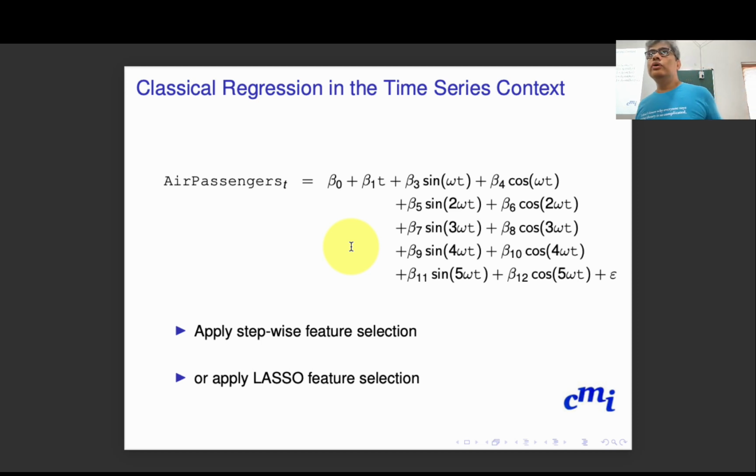So what you do is apply either a stepwise feature selection technique or some kind of lasso feature selection technique. So here is my one question: can you apply elastic net here?